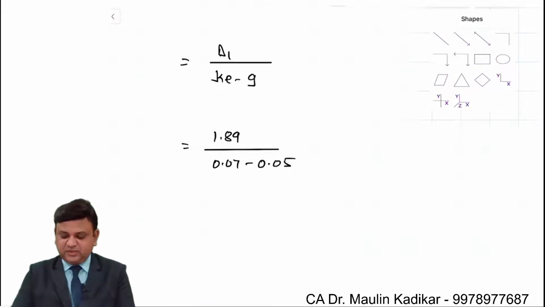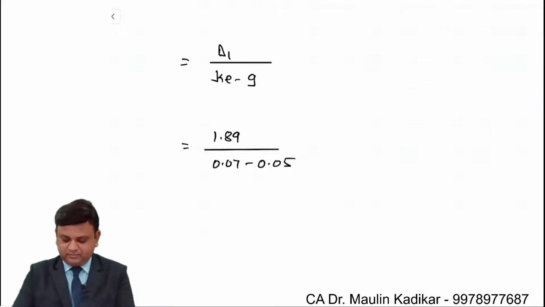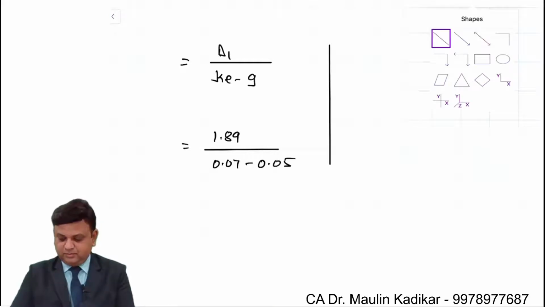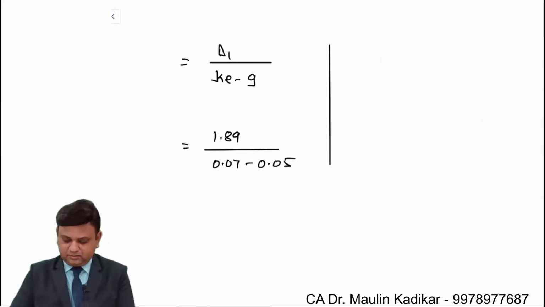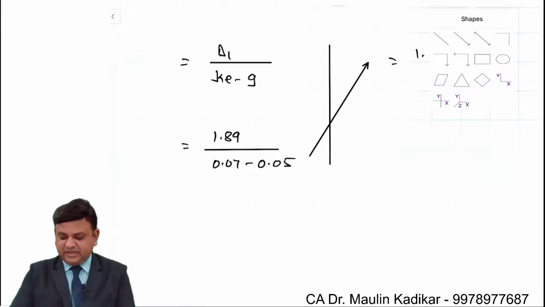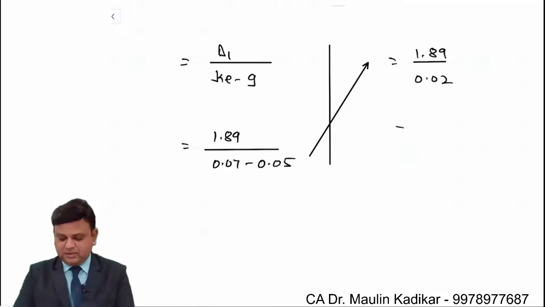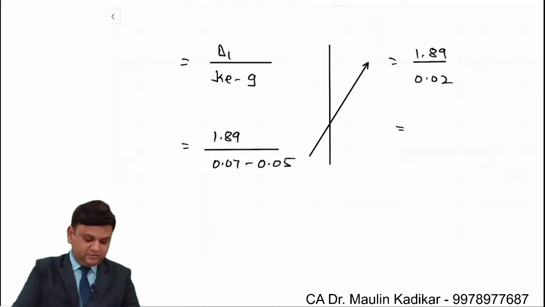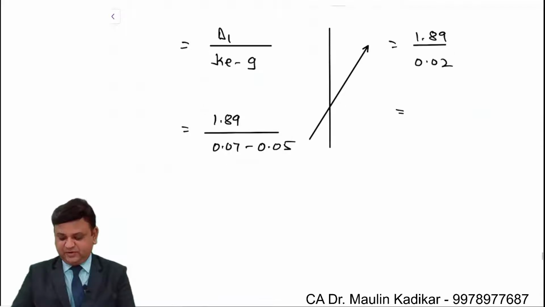So the numerator is 1.89 divided by 0.02. So it is 1 rupee 89 paise divided by 0.02. That is the way P0 is found. That comes to 94.5.